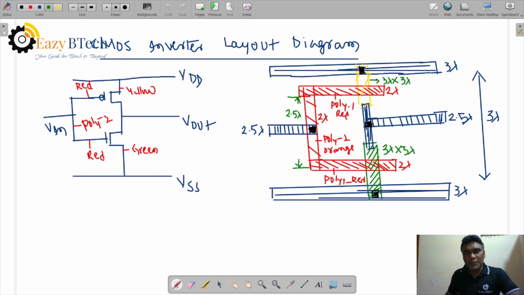Metal: the signal interconnection metal layer from here to here, how much length and width? How much output terminal length and width, and how much input signal length and width? That is why we can represent layout, meaning dimensions with layers, right?